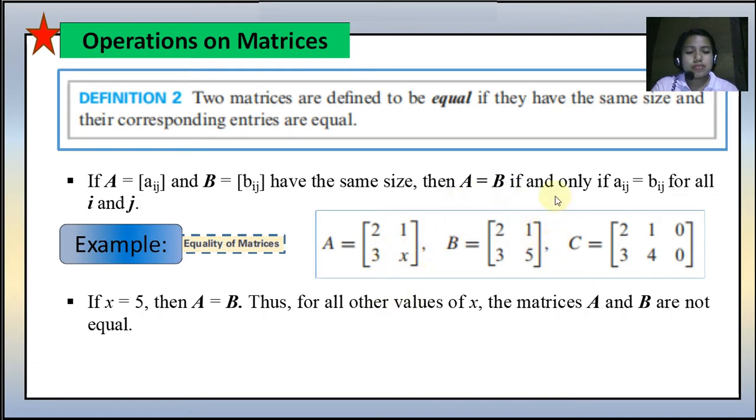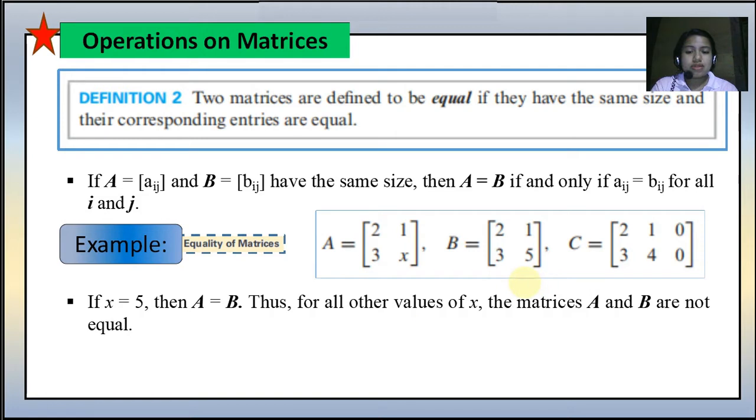While C has 2 rows and 3 columns, so it is different from matrices A and B. Then if x is equal to 5, then A is equal to B. Here, if x is equal to 5, then it will have the same entries as matrix B. Hence, these two matrices will now be equal. Thus, for all other values of x, the matrices A and B are not equal.